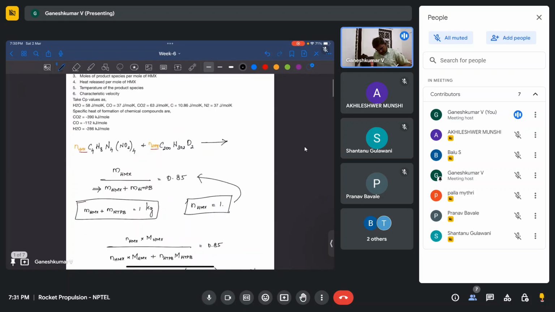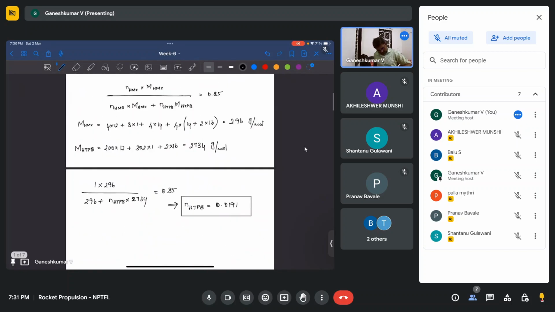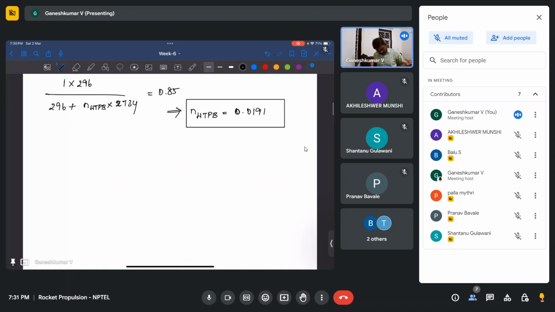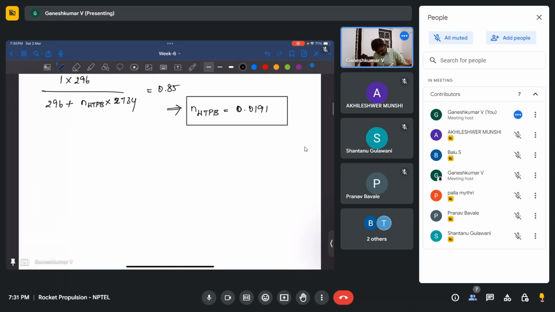So maybe we can find the mixture ratio now. So what would be the mixture ratio? Mass of oxidizer by mass of fuel.